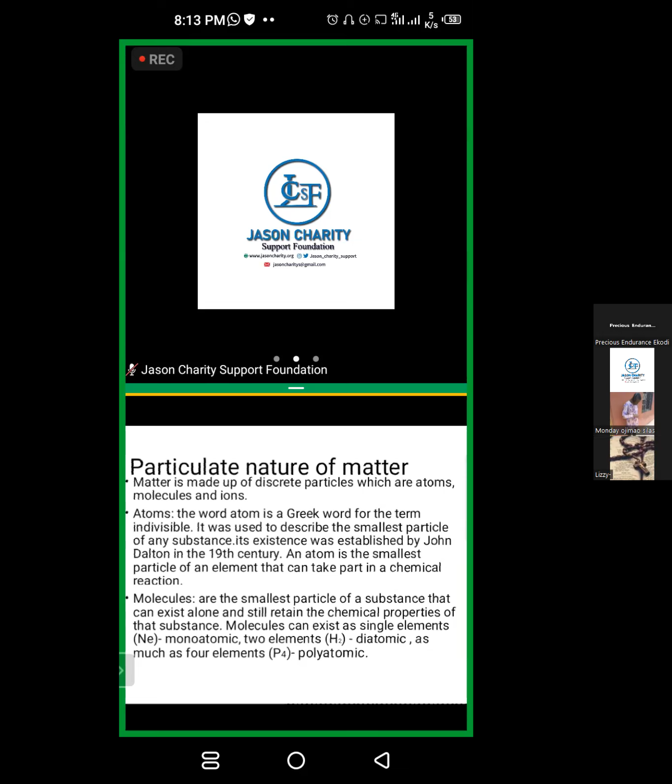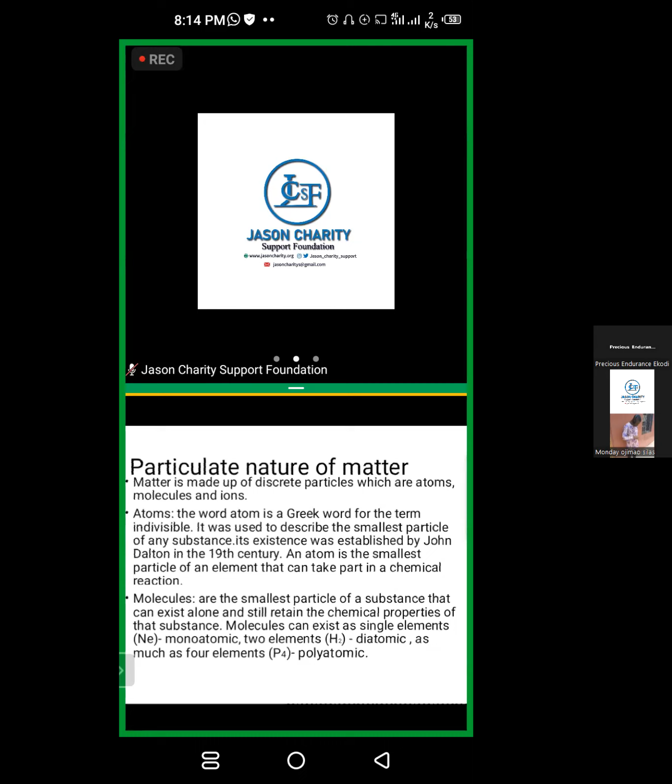An example of an element that has two atoms in itself is hydrogen. Even oxygen too sometimes exists in pairs of two, the oxygen molecule. And that type of molecule that exists in pairs of two like that is called diatomic. And it could still go up to 3, 4, and above.